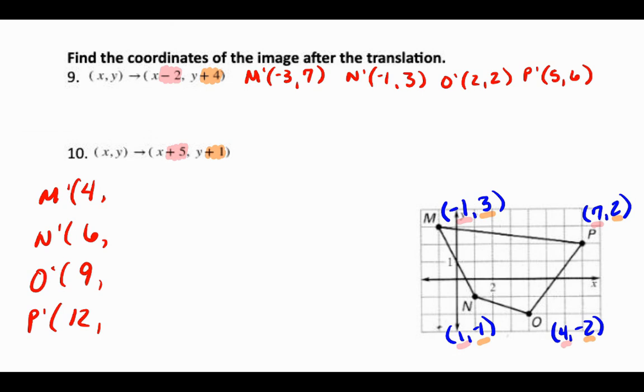And every y value we're going to add 1, so 3 plus 1 is 4, 1 plus -1 is 0, -2 plus 1 is -1, and 2 plus 1 is 3.